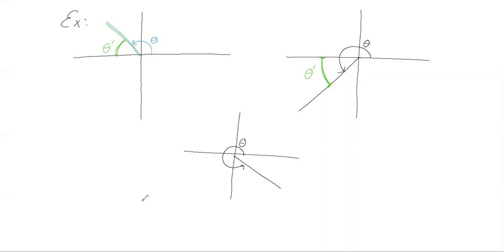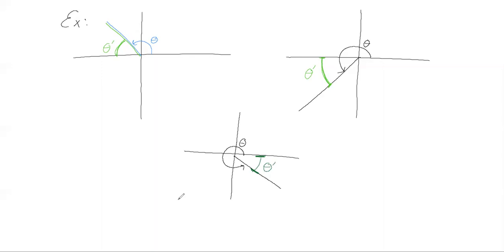What is the acute angle formed? What do I mean by acute? I mean it's less than 90 degrees, between 0 and 90 degrees. What is the acute angle formed by the terminal side of theta and the x-axis? That would be this angle right here. We're going to call that theta prime as a reference angle.